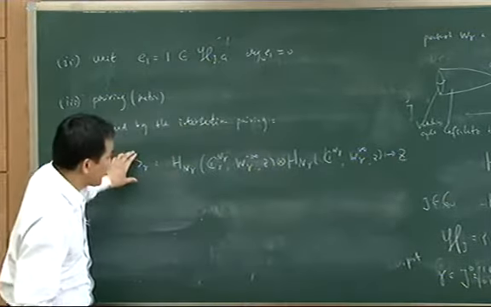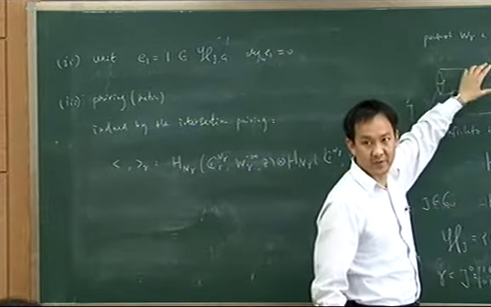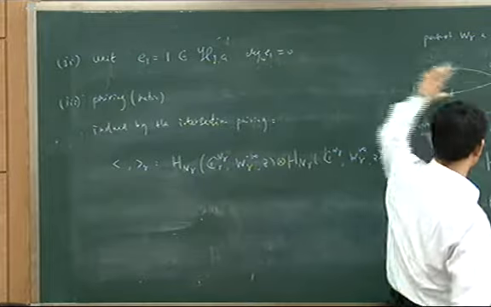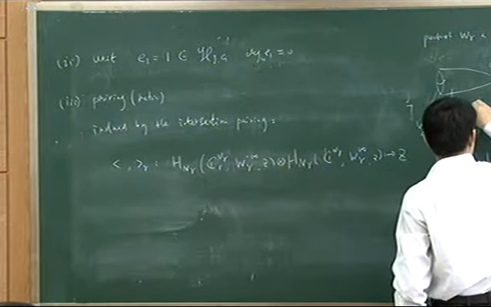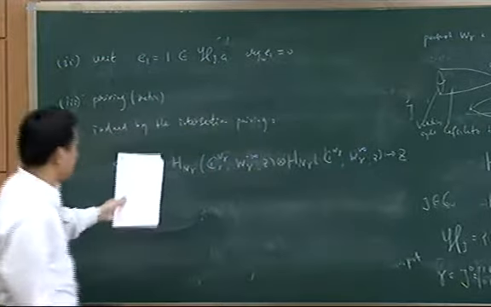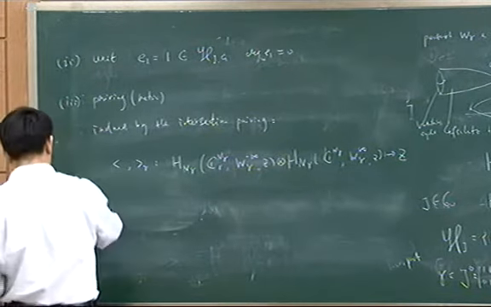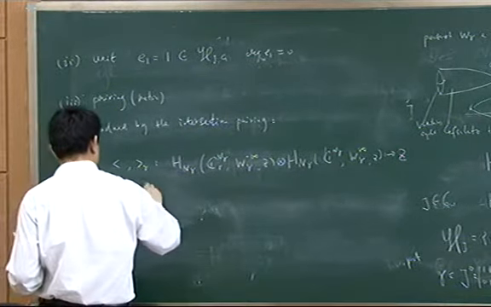The intersection pairing is defined as the intersection of two Lefschetz thimbles. One is from this side to minus infinity, and the other one is from this side to the infinite place. So this is the intersection of two relative cycles. This intersection pairing will induce the pairing in the dual space.